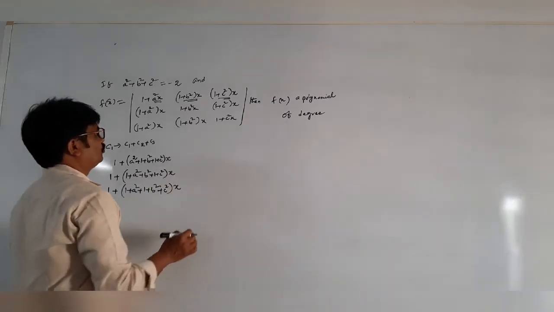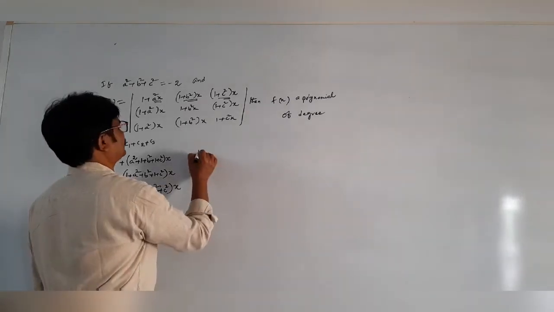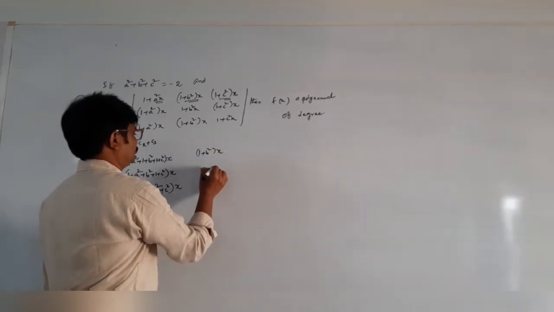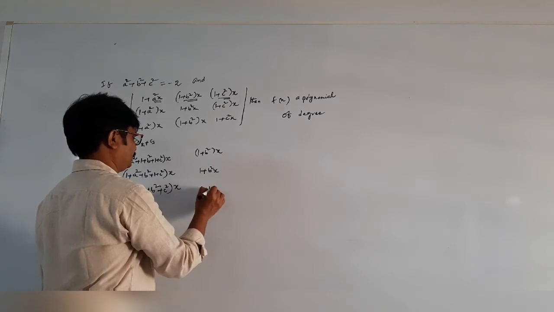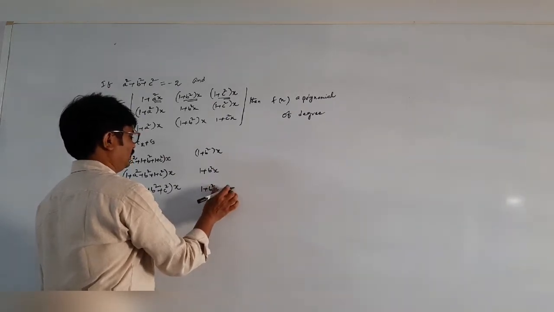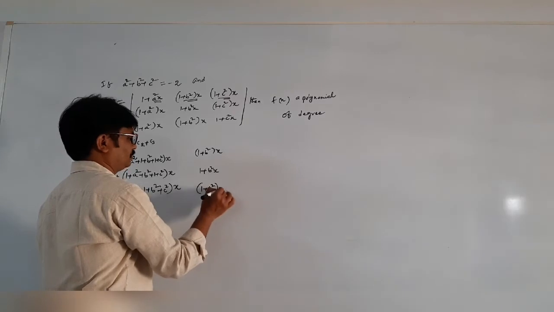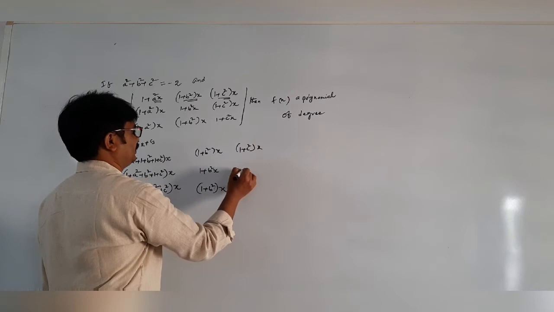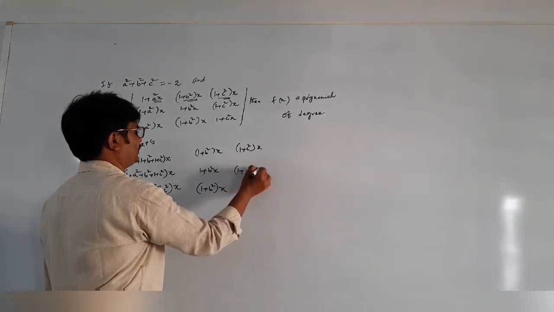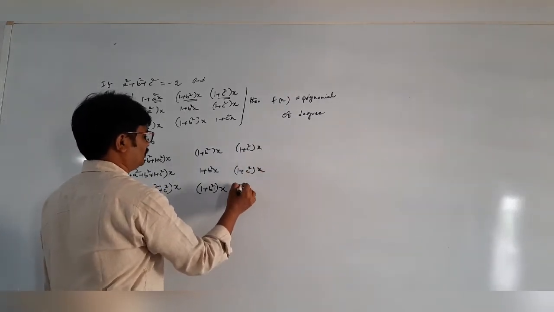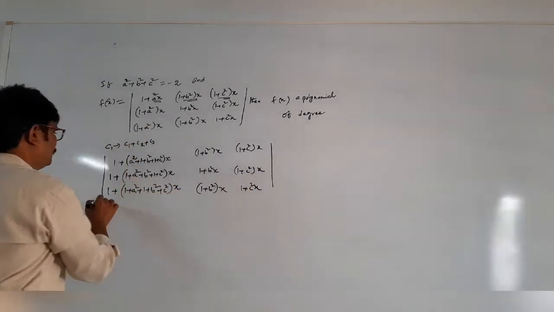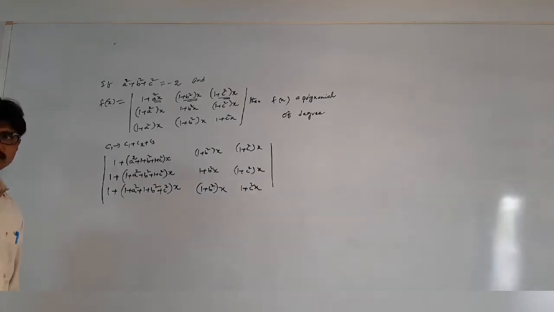So the last two columns are, dear students, 1 plus b² into x and 1 plus c² into x. Now, what is common in the first row?